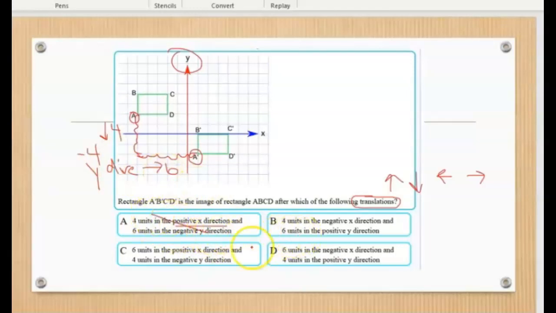It's not this one. It's not this one, that's a positive y. Negative x. Ooh, here it is. A and C are the ones that say negative y direction, but we went 4 units in the negative y and 6 units in the positive x. Remember, going horizontally is the x direction. So sometimes part of this is also using process of elimination.